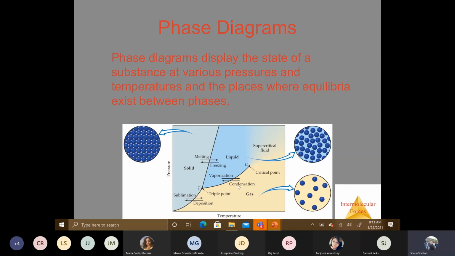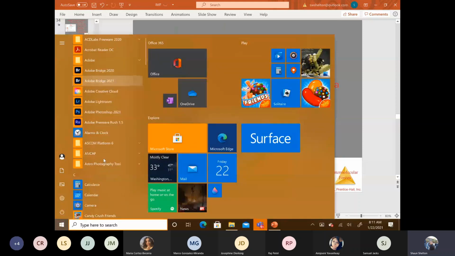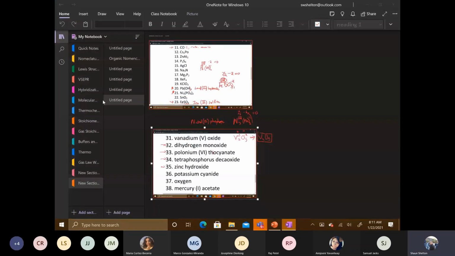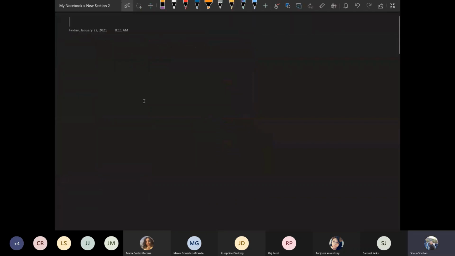So, general outline of a phase diagram is found in this picture here. What I'm actually going to do is go to a different source because I like to do my own little thing here with phase diagrams. So, what can we get from a phase diagram? What information?